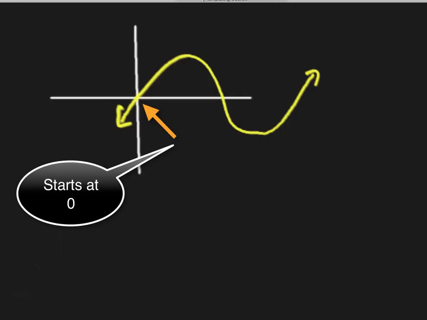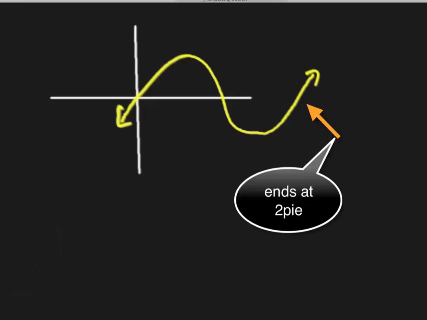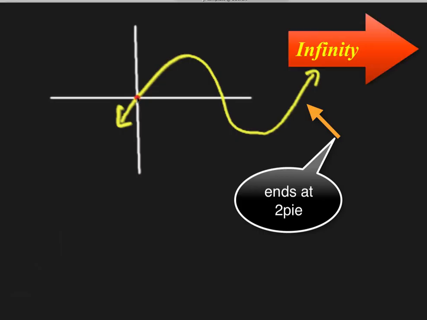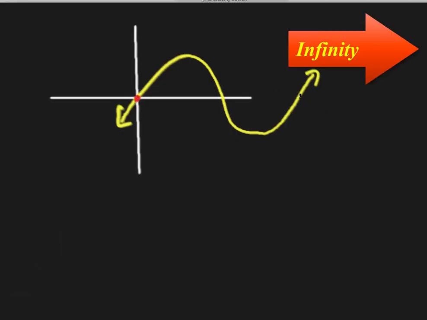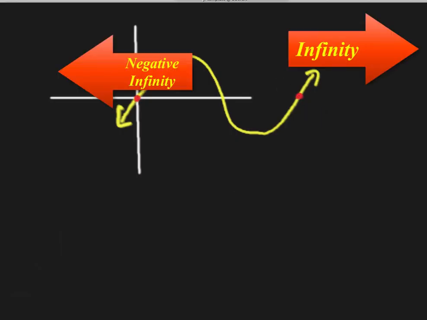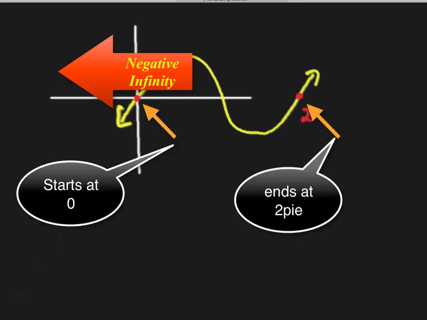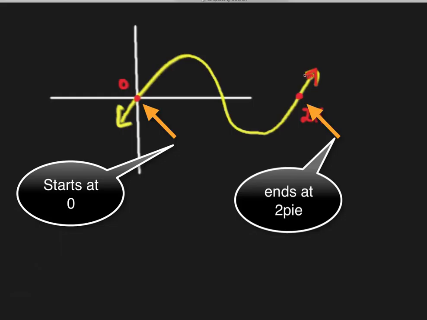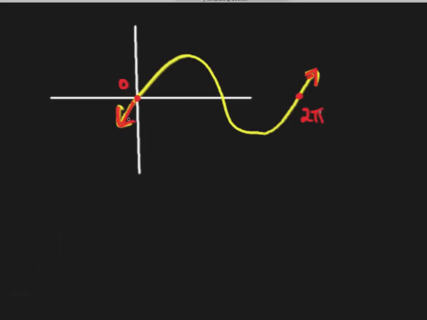Well, the basic fundamental cycle we usually deal with is 0 to 2 pi. Now, we know that the sine function continues in either direction. It either goes to infinity or negative infinity. So, as a result, we know that there could be more than one basic shape like this. That's what frequency tells us.